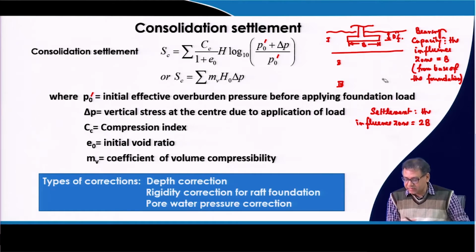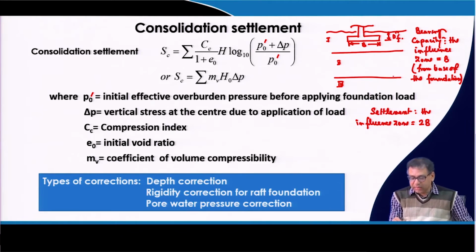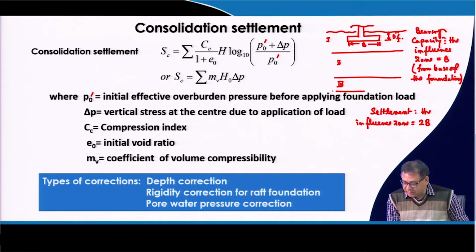Now I will calculate how you calculate P0 dash. Suppose up to here is your influence zone. This is the thickness of the first layer, say H1, this is the thickness of the second layer, H2, but I am not considering the thickness of the total third layer; I am considering the thickness only up to the influence zone.